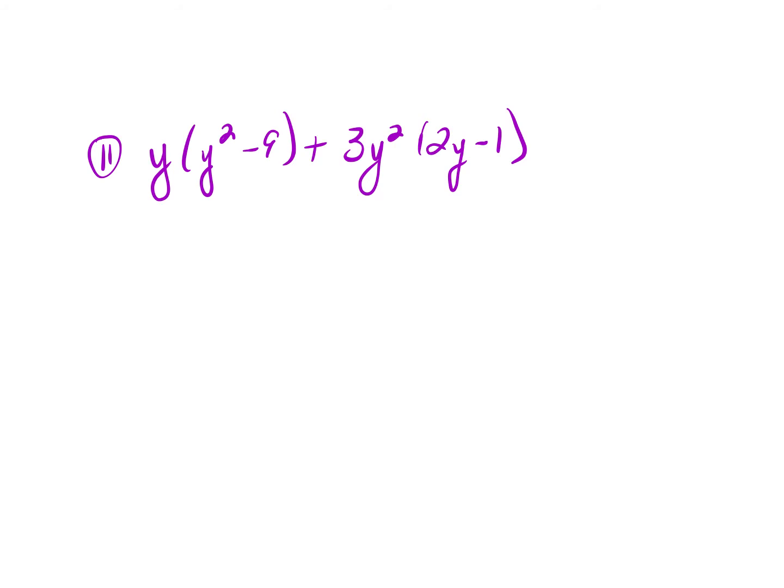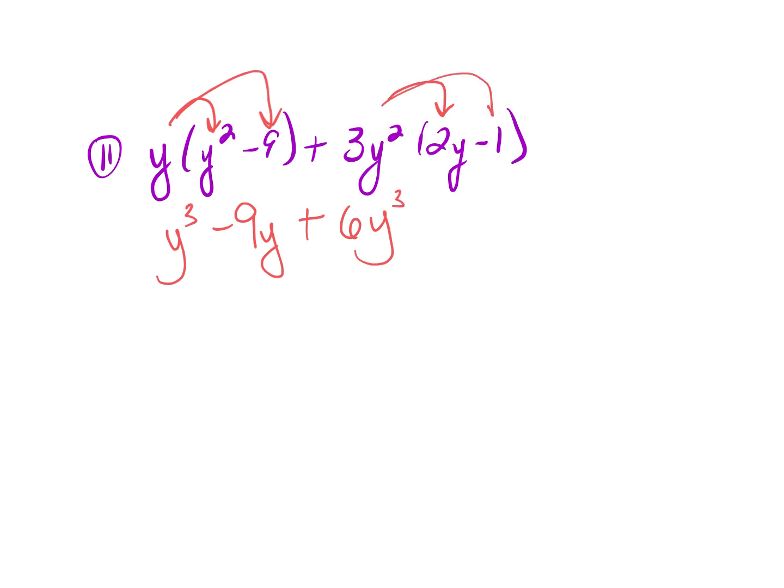Distribute, then add. So y times y squared gives me y cubed, good. Y times negative 9, negative 9y. And then I have plus 3y squared times 2y. Well, 3 times 2 is 6. Y squared times y is y to the third. Great.